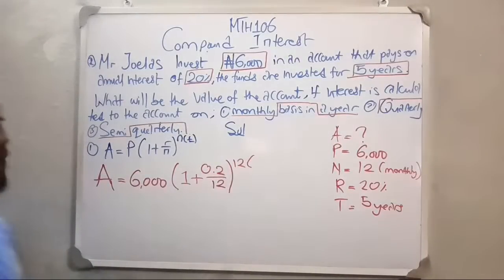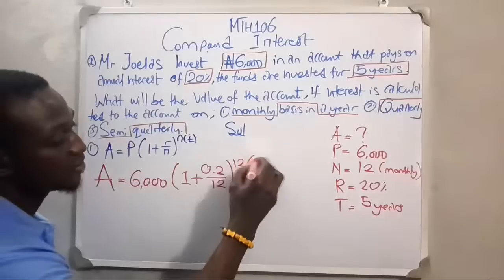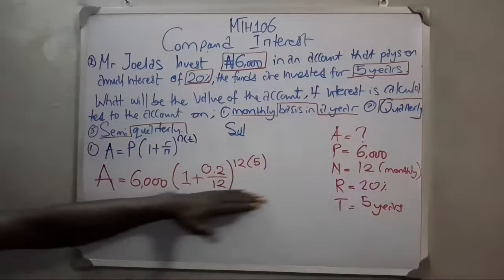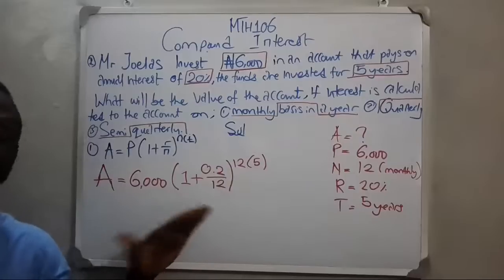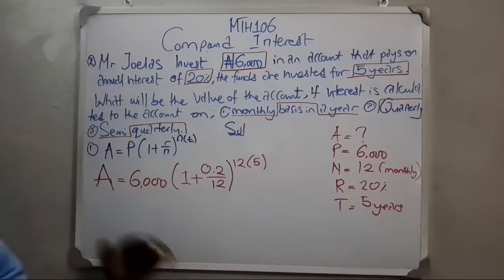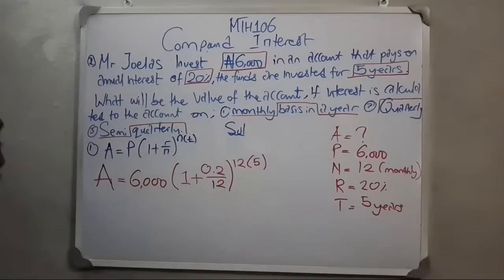Then we open a bracket for T, which is 5. So do you understand up to this level, sir? Good, good, good. So now from here we can continue.